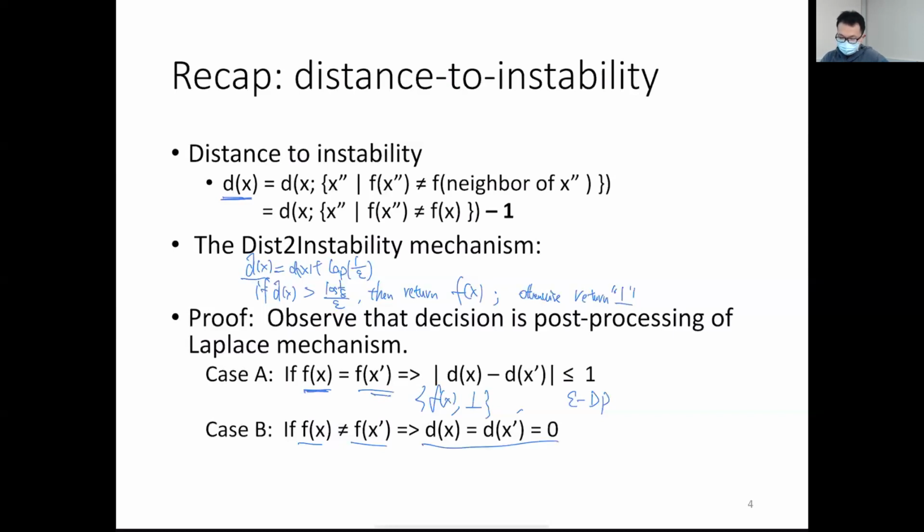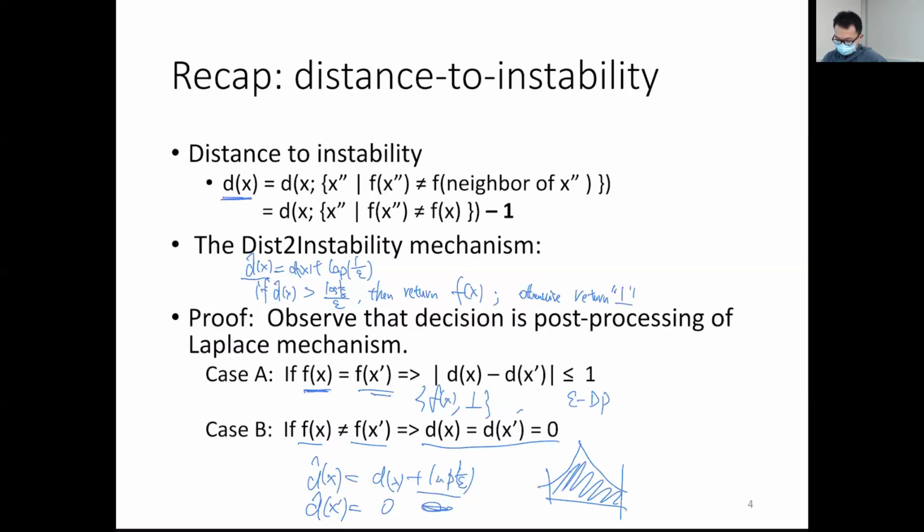So once we have this, notice that d hat of x is effectively equal to d of x plus Laplace noise. This is the same 0 plus Laplace noise for both d hat of x and d hat of x prime, which says that we'll get identical answers under this region of the Laplace mechanism.